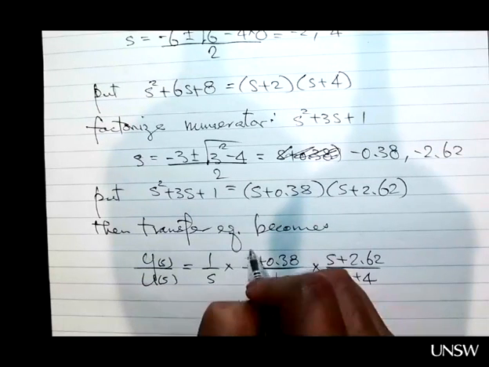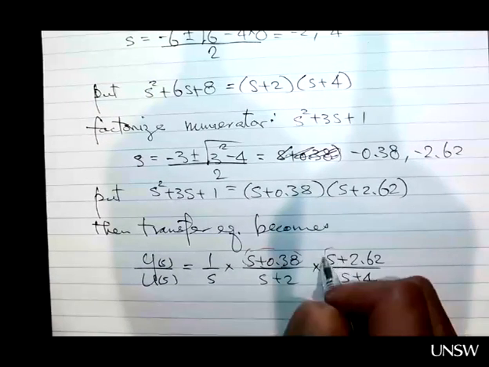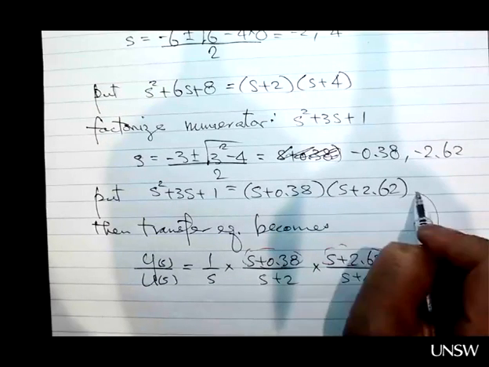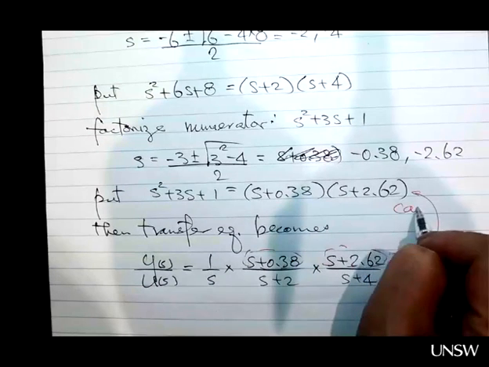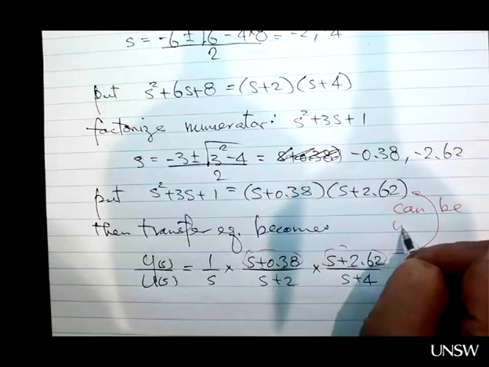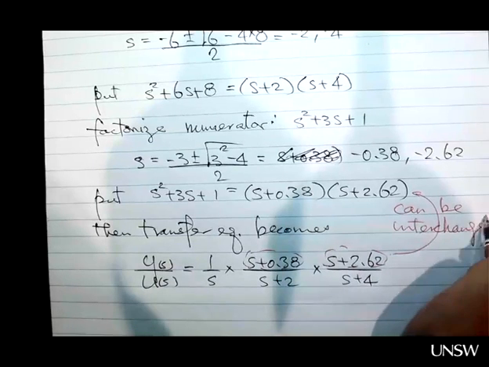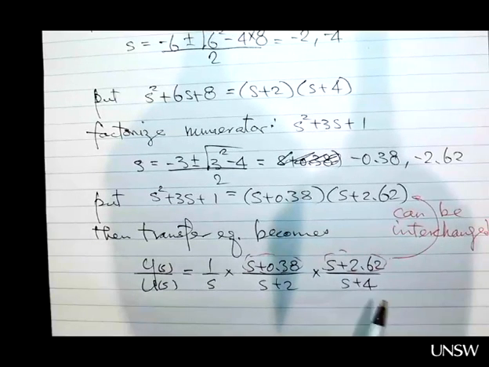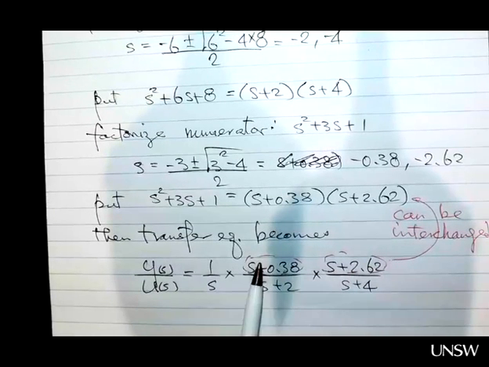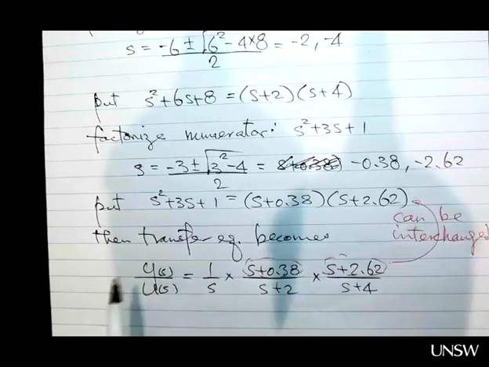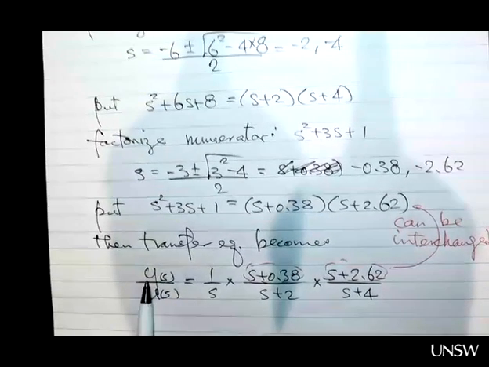So this part and this part can be interchanged. We put this factor to the second term, or we put the factor of 0.38 to the last term. In fact, it is the same transfer function.